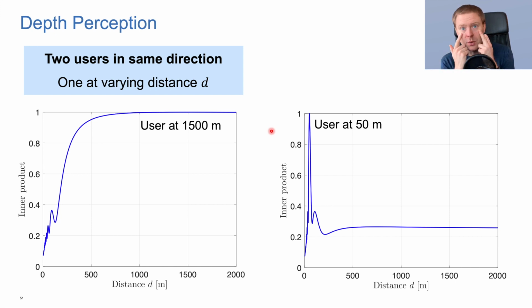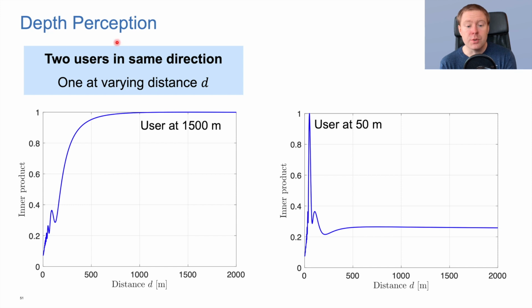But by having two different eyes, which are slightly different from each other, you're able to tell how far away different objects are based on these two different measurements. And it's essentially the same thing that can happen when you have multiple antennas and the array is sufficiently large so that you are able to measure the spherical wavefronts, and in that way you can measure how far away the user is as well.